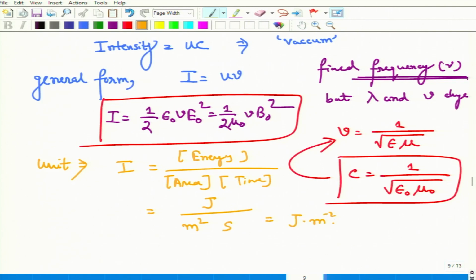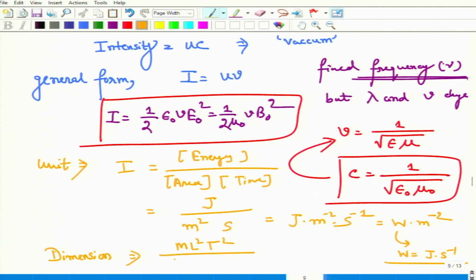So it is joule per second per meter square, or we can write it watt per meter square, where watt is joule second inverse. The dimension: the dimension of energy is M L square T to the power minus 2, area is L square and time is T, so it will be M T to the power minus 3. This is the dimension.